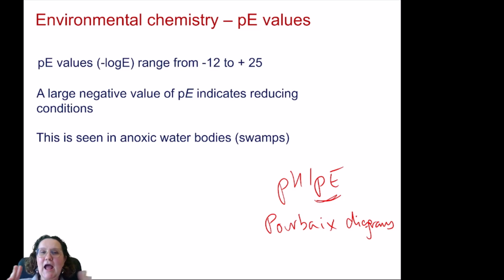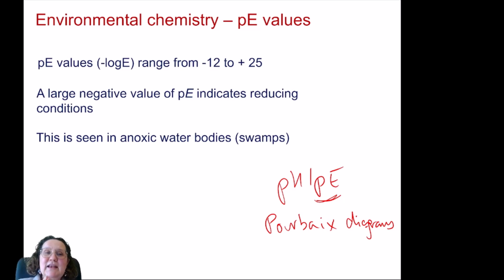For a substance to be stable in water, so not to oxidize or reduce water, it needs to have a pe value from around -12 to +25. So if the pe value is within that framework, that substance will be stable in solution.